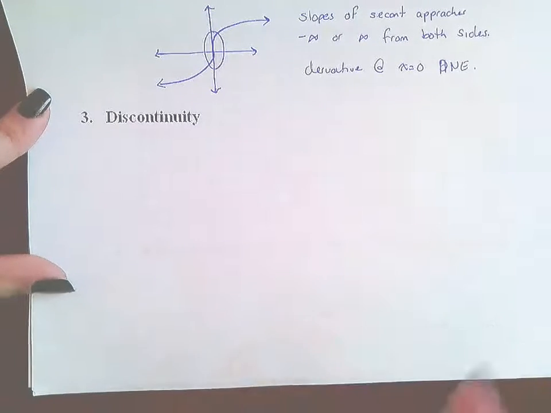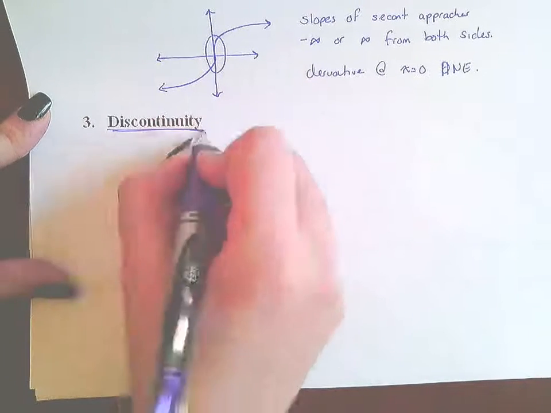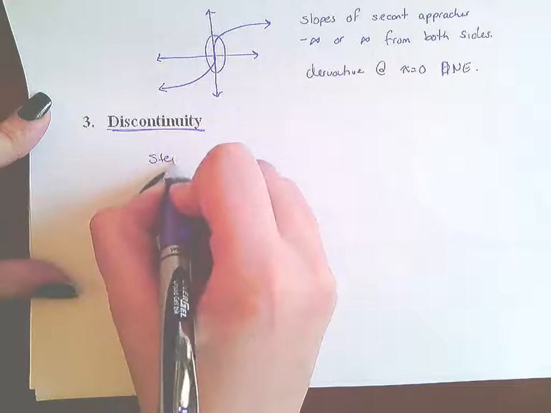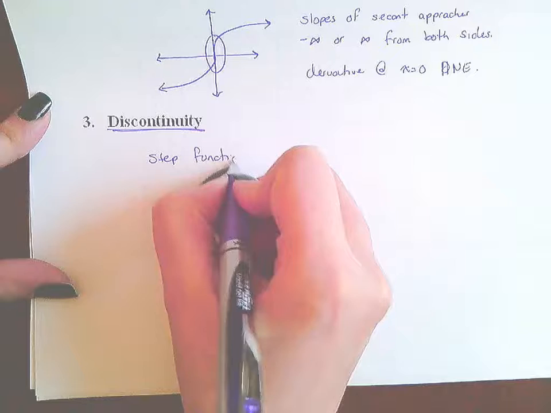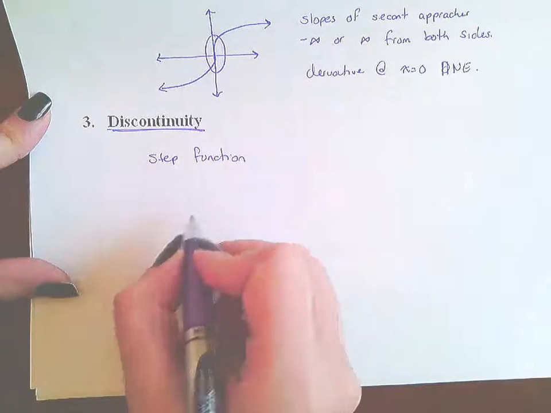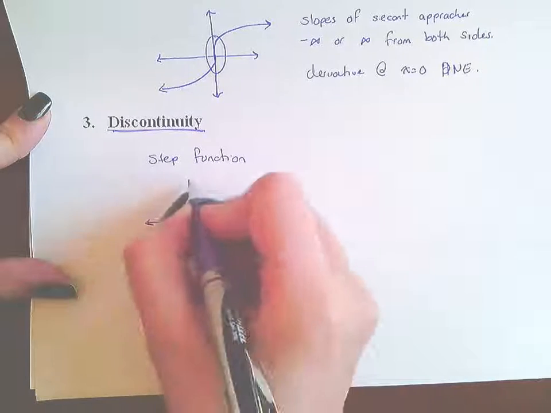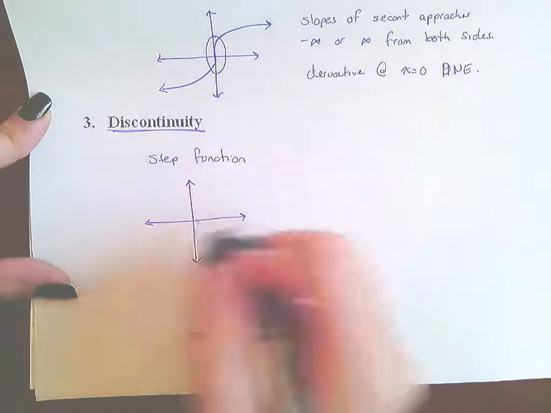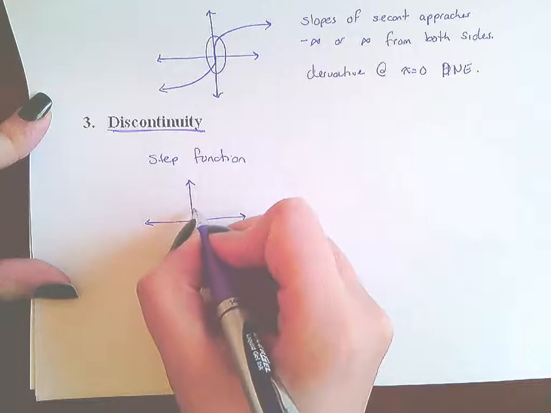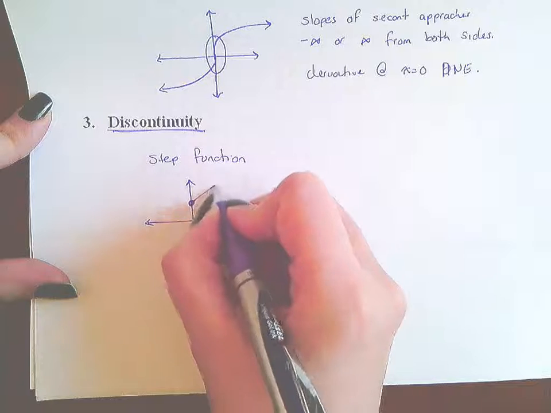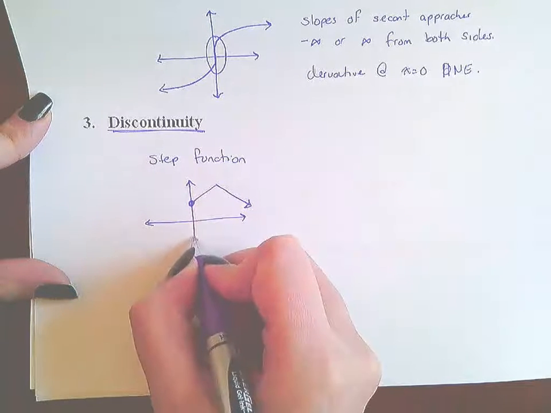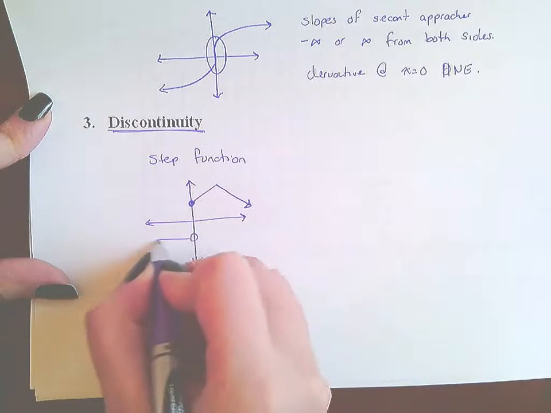And then the last one, which is the easy one to see, is the step function. When you have an actual discontinuity, so a step function. So an example is, let's just draw any step function. Starting here, it does one of those, and then from here, let's say it does like that.